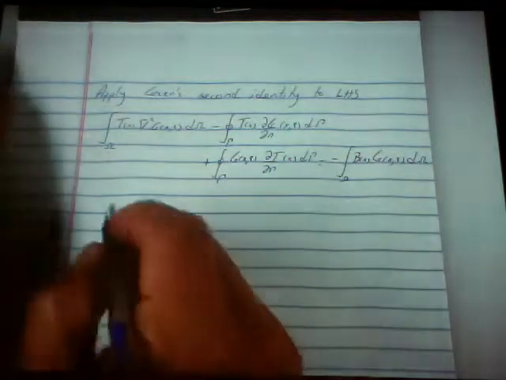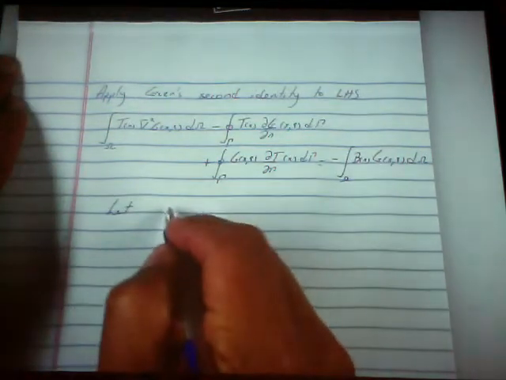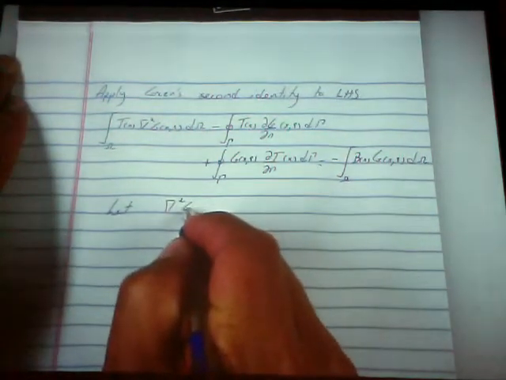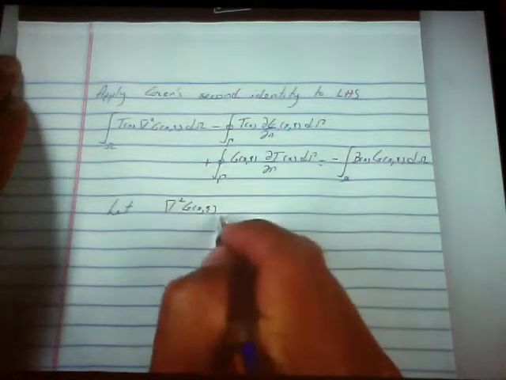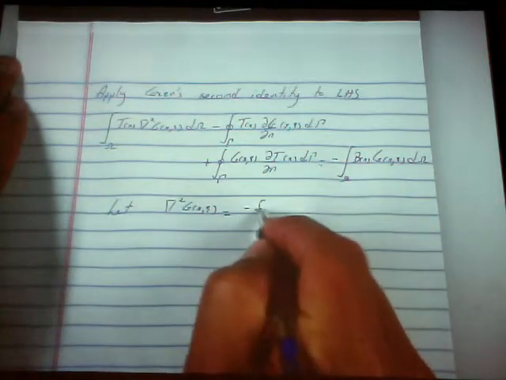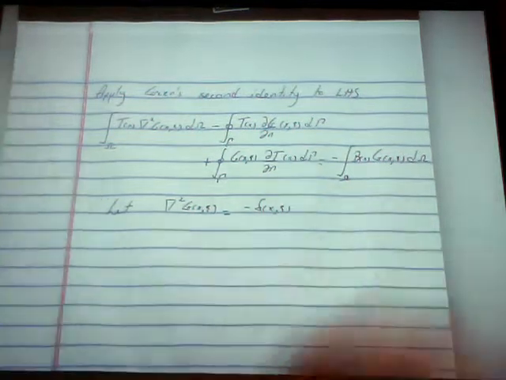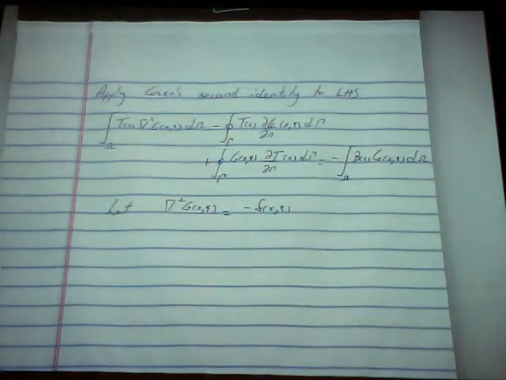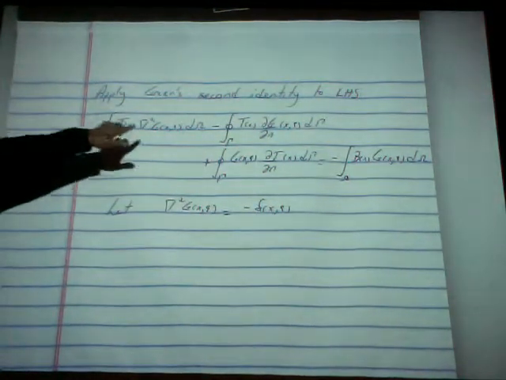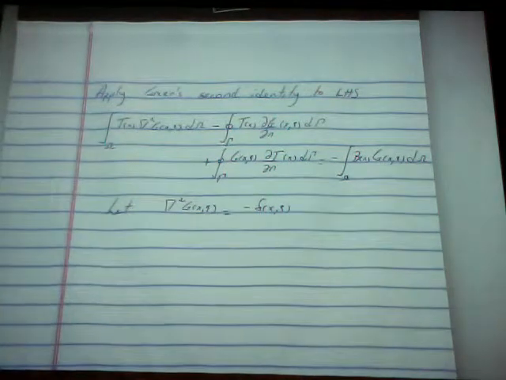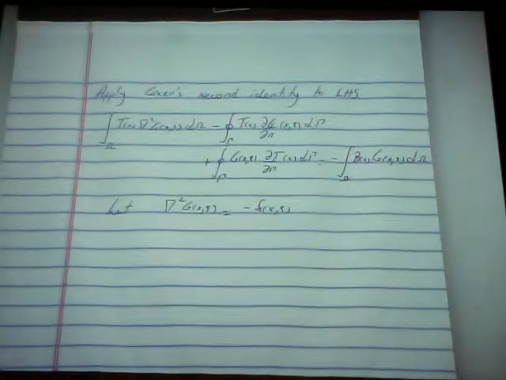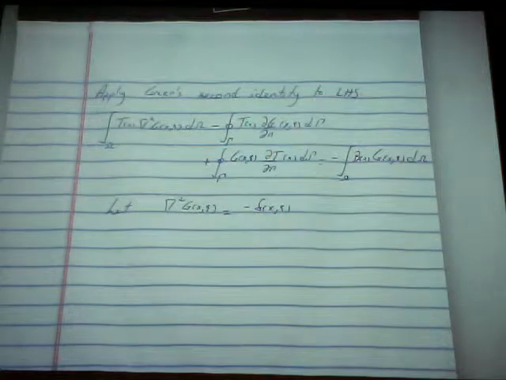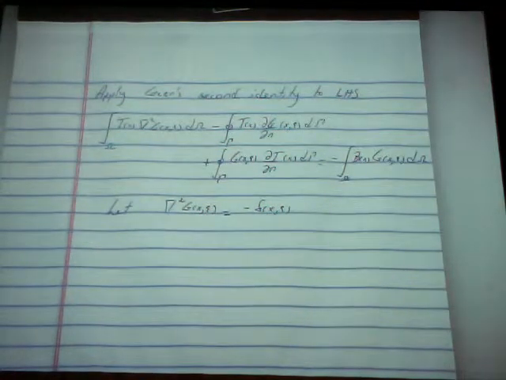All right? Now let this be equal to minus the Dirac delta function at the source point psi. This is standard. This is what we did during the first lecture of boundary elements.